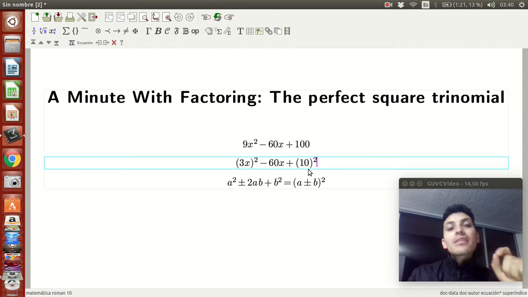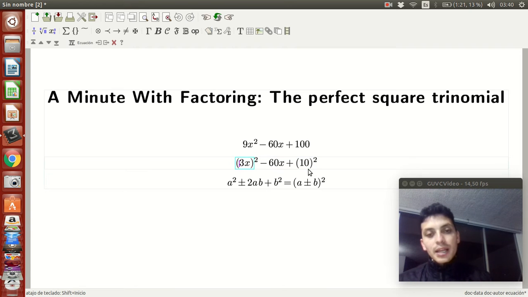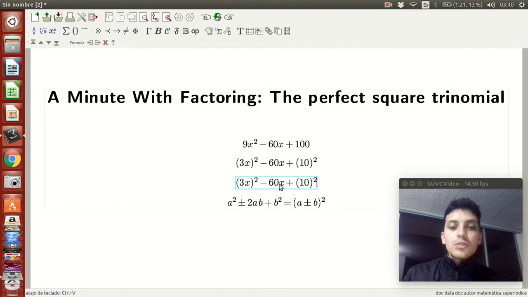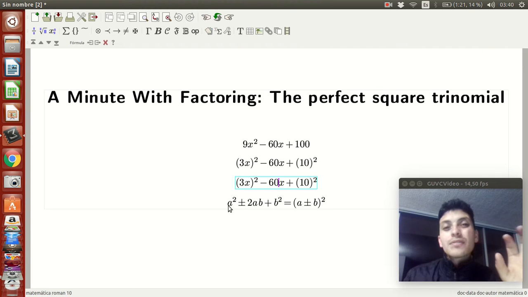Now I have to check the term in the middle, and I need to check if the term in the middle is the term that I need to have a perfect square. And to see that, I just need to check if the term in the middle is 2 times a times b. So here a is the first root, so it's 3x.